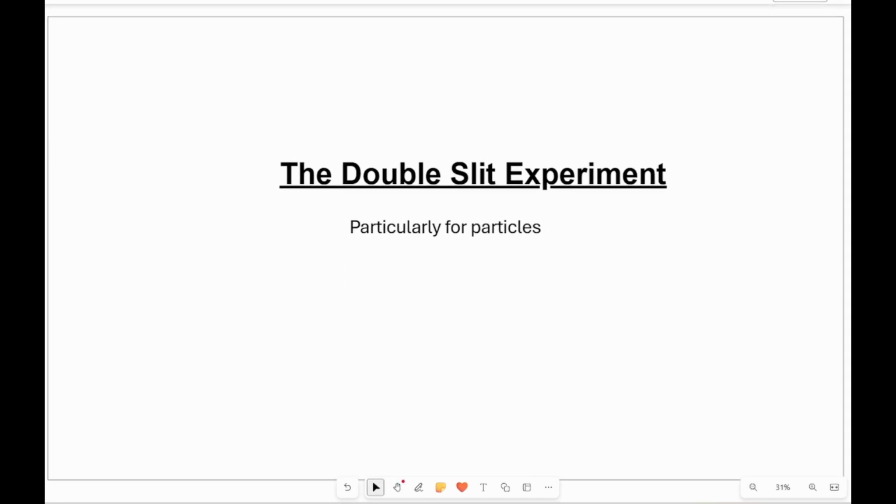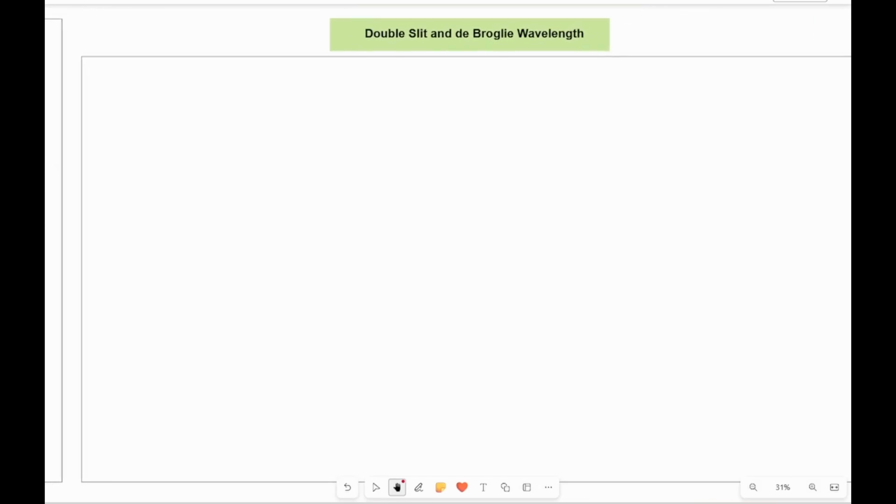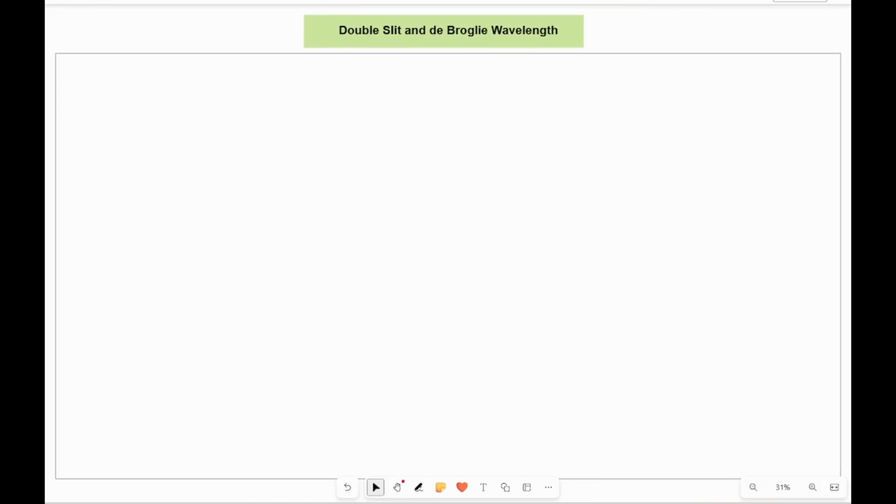And so, again, we're just going to do a quick review of the double slit experiment, and particularly for particles. So the double slit experiment can be done using particles or photons.